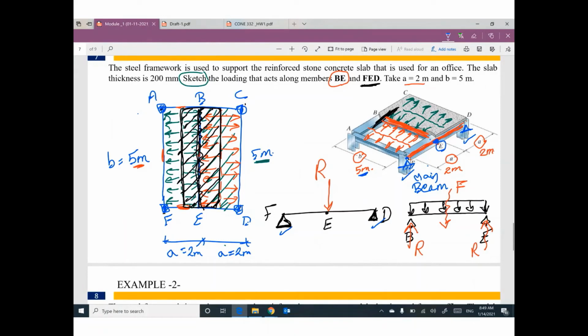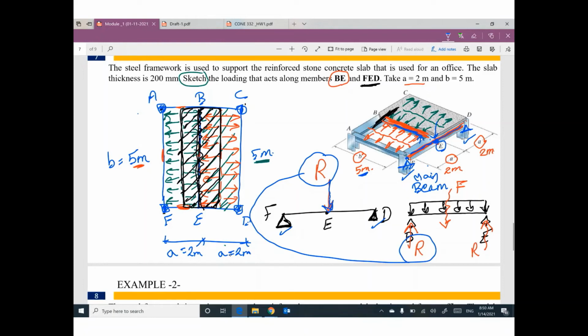What is the meaning at this intersection between this secondary beam and this main beam? We have a secondary beam supported by this main beam. So the reaction coming from the secondary beam will be supported by the main beam. So we have a concentrated load here, coming from this reaction of the secondary beam.